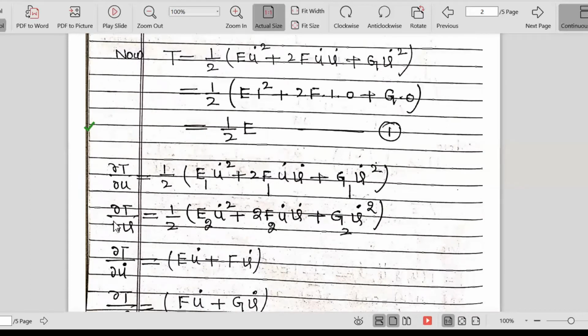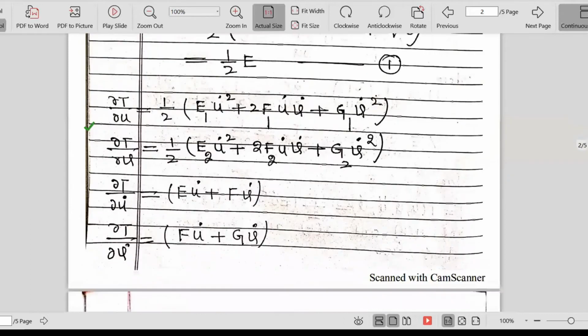If we differentiate with respect to v, it is denoted by 2. So ∂T/∂v equals 1/2 (E2 u̇² plus 2 F2 u̇ v̇ plus G2 v̇²). Similarly, ∂T/∂u̇ equals E u̇ plus F v̇, and ∂T/∂v̇ equals F u̇ plus G v̇.